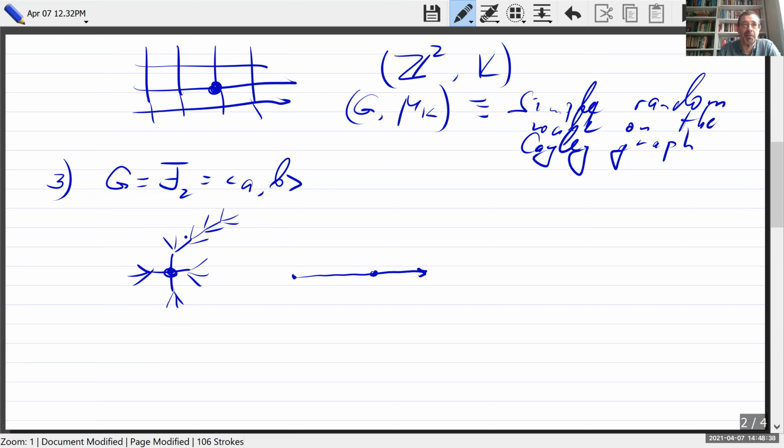Three of them are further from the origin, and one of them is closer. Therefore, if we look at the radial part of our random walk, then it moves to the right with probability 3/4, and it moves to the left with probability 1/4. And this is what probabilists call a birth and death process.